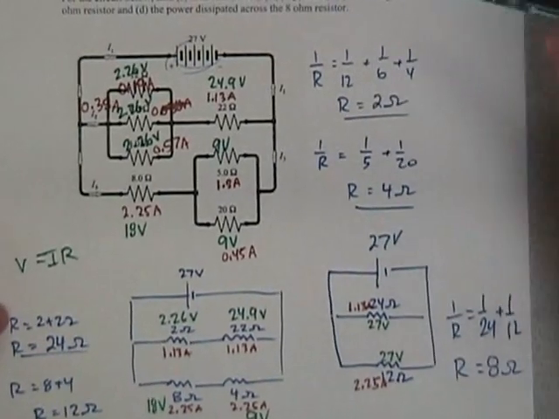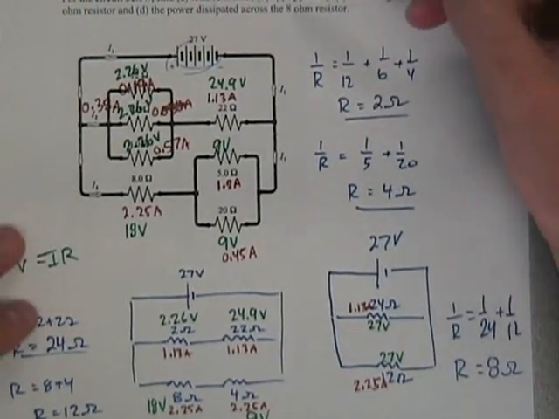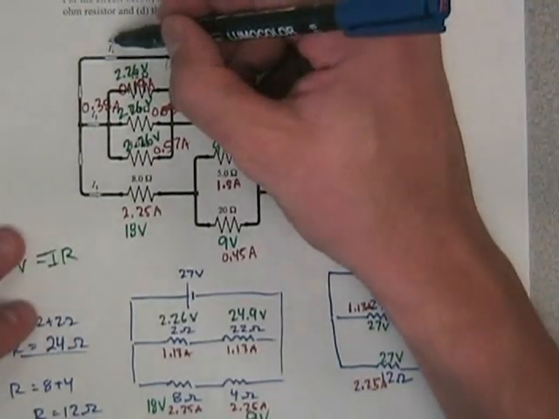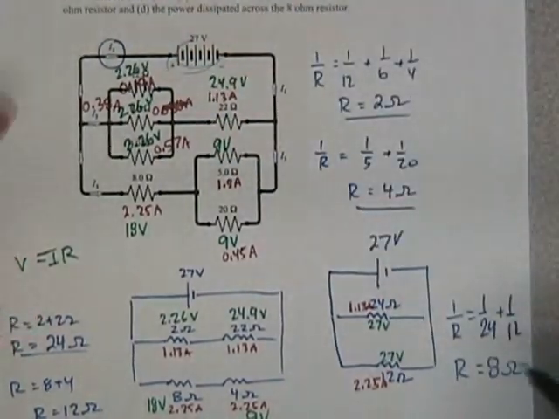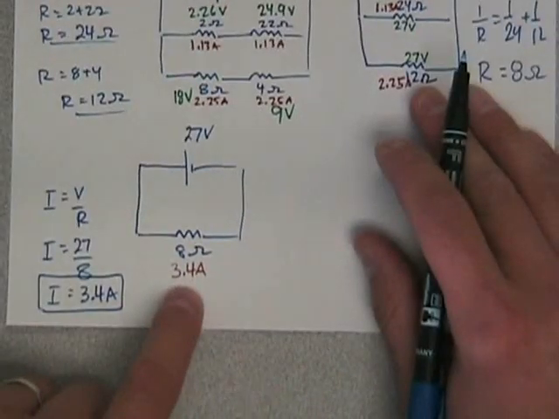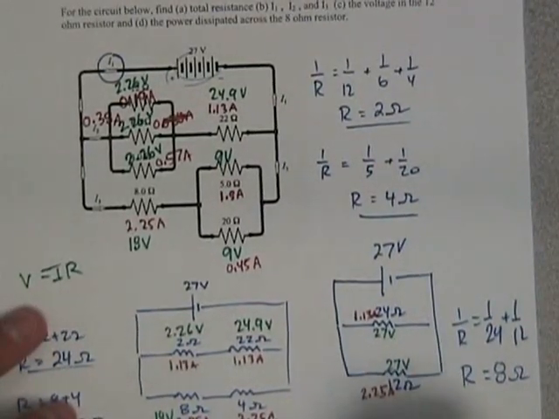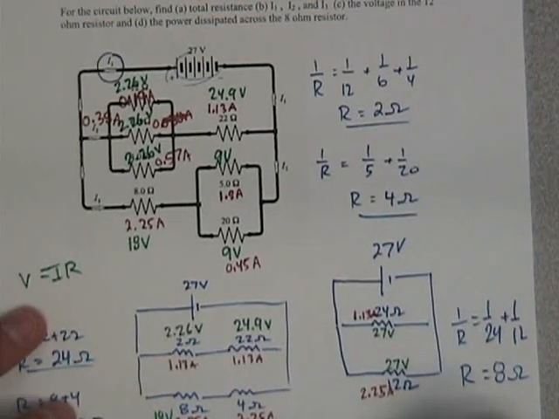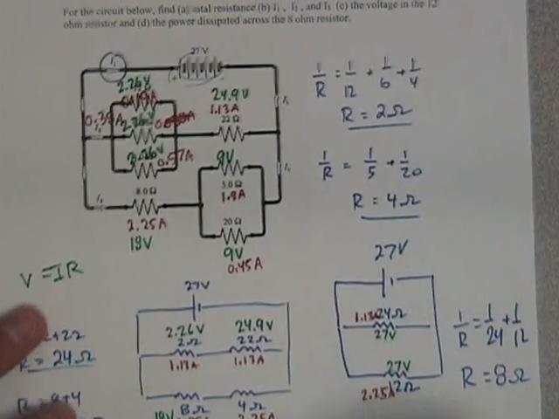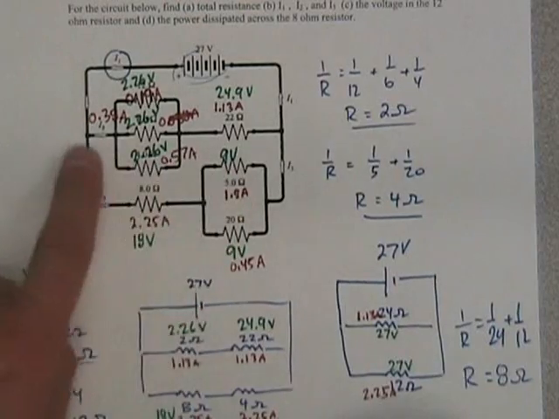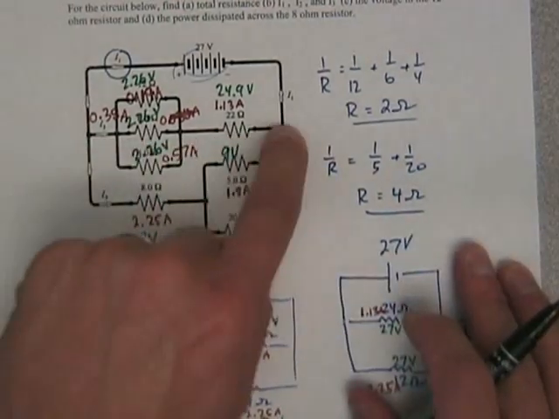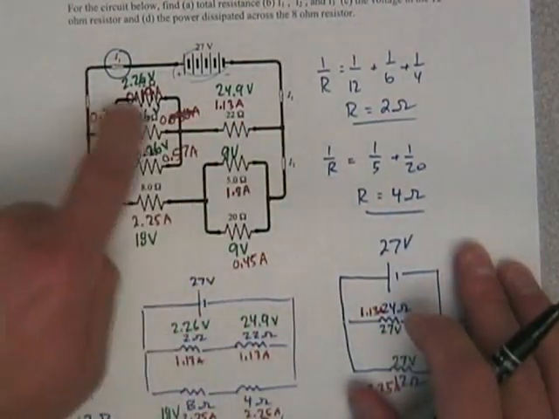It would like to know what is the current at I1. So at its beginning point, what is the total amount of current that's coming out? I go down to the bottom here, and I know that that is 3.4 amps. So I1, 3.4 amps. It also wants to know what I2 is. I2 is what's going down this middle bit of circuit.